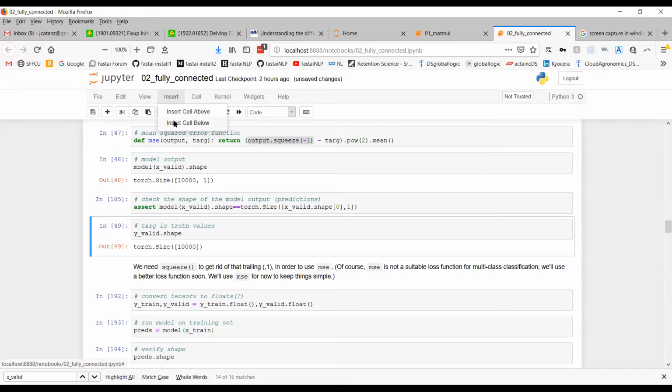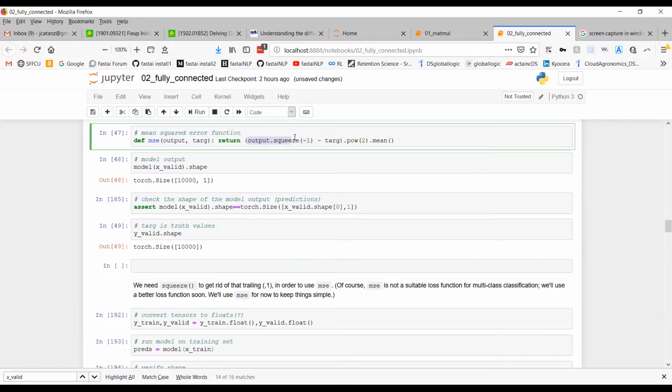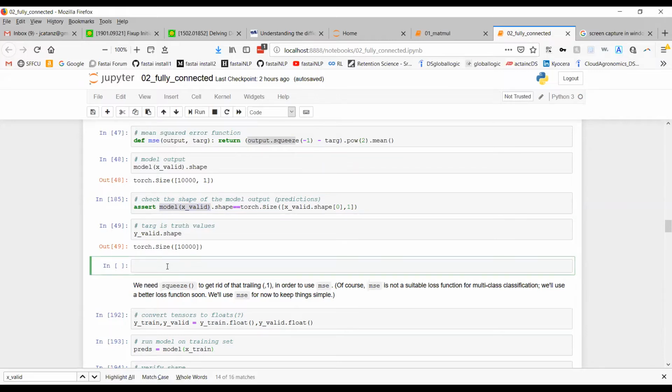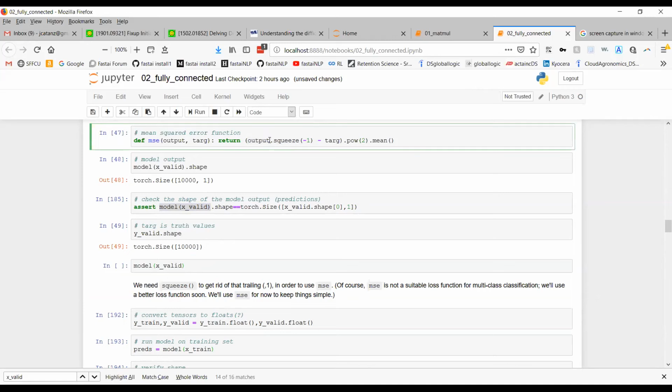Cell below. I want model of x valid. That's our out. Okay, I'm going to do that. Model of x valid dot squeeze of -1.